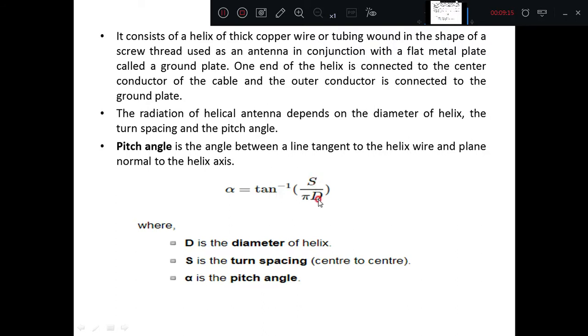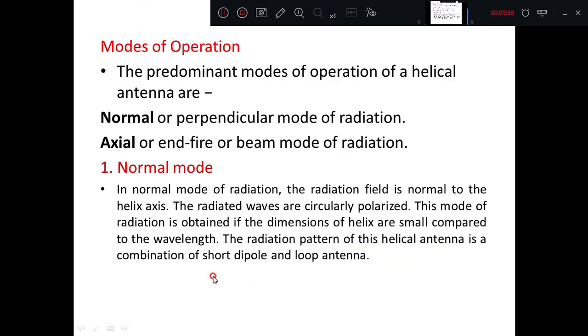Opposite is S and adjacent is pi times D. Therefore the pitch angle alpha is equal to tan inverse of S divided by pi D, where S is the spacing between the turns and D is the diameter of the helix, right? That's why the radiation mainly depends upon the diameter, the turn spacing as well as the pitch angle.